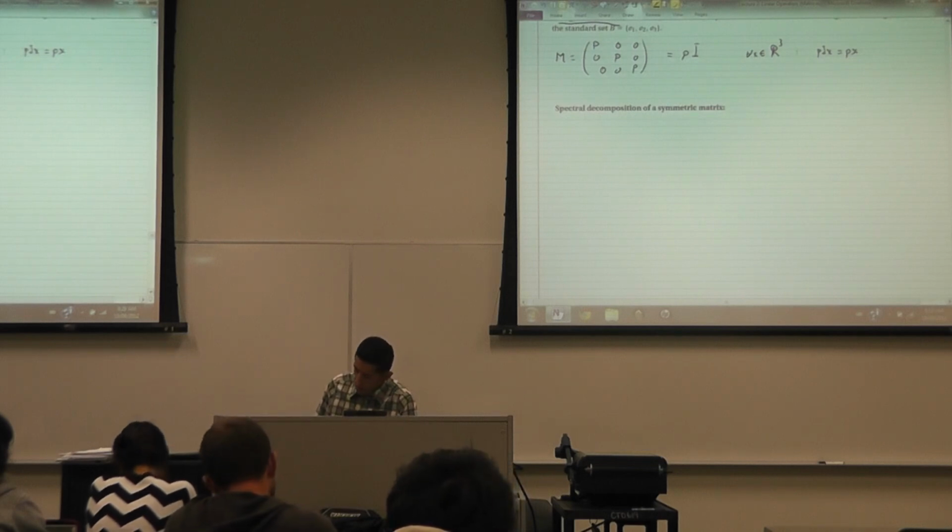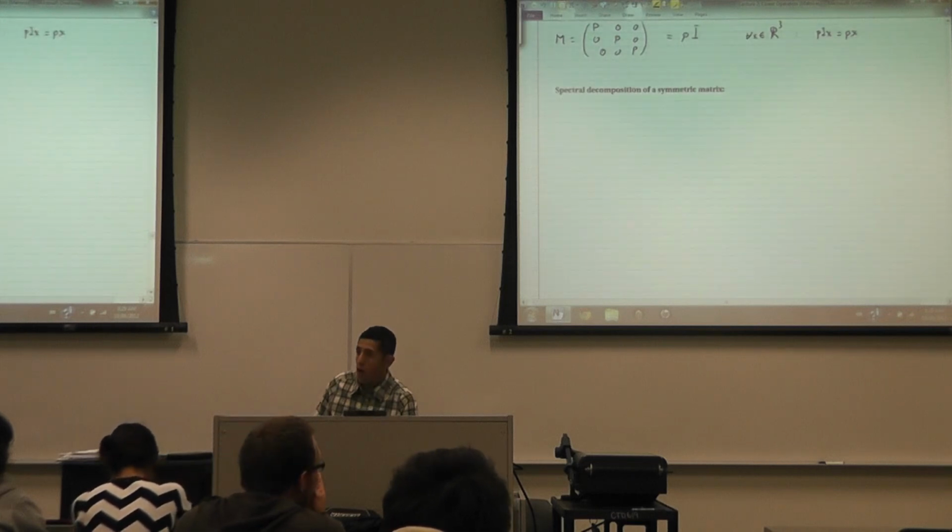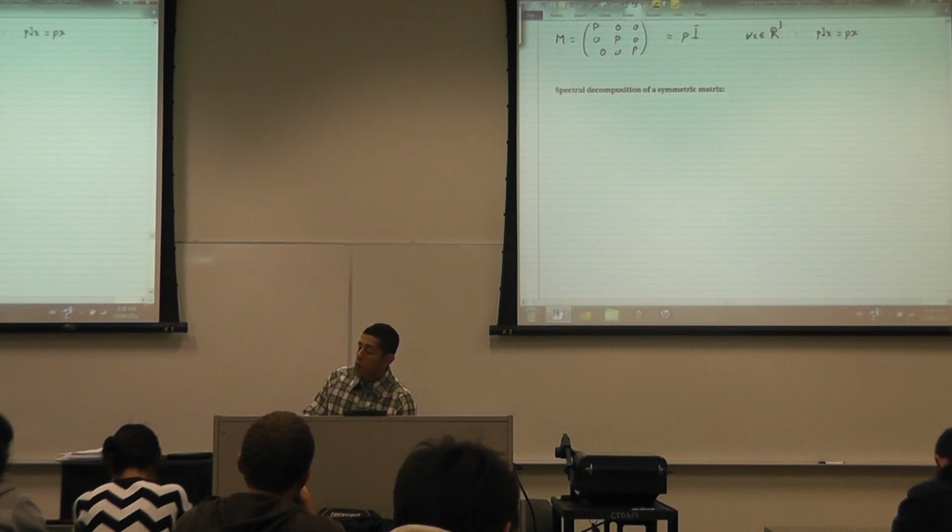Spectral decomposition of a symmetric matrix. The result of the previous argument is as follows.